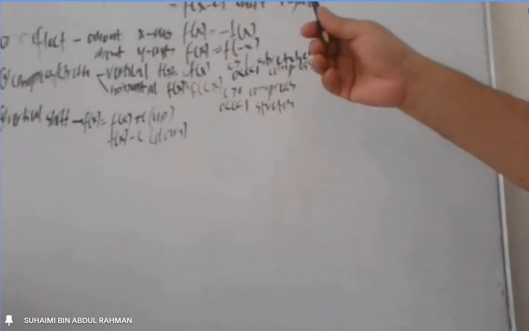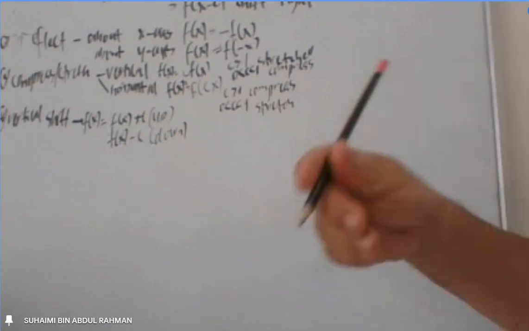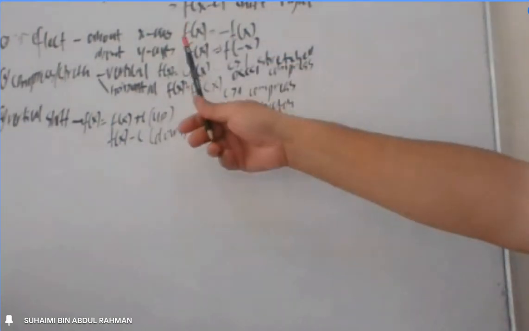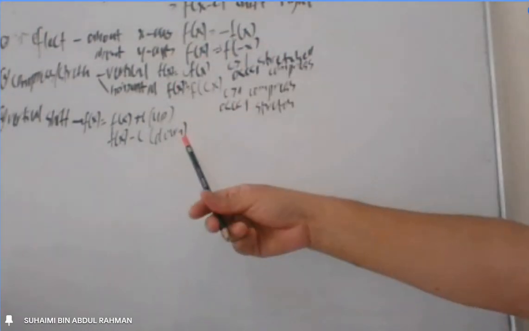In some transformation processes, not necessarily do they involve all of them. Some transformation processes only involve three. Maybe we don't have horizontal shift, or maybe we don't have reflection, or maybe we don't have compress or stretch, or maybe we don't have vertical shift.